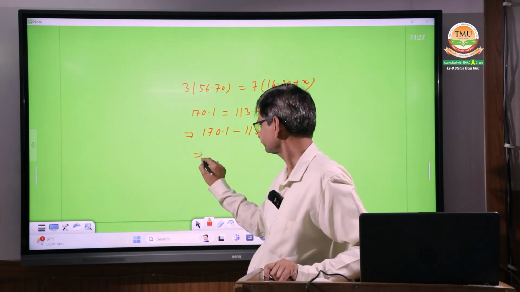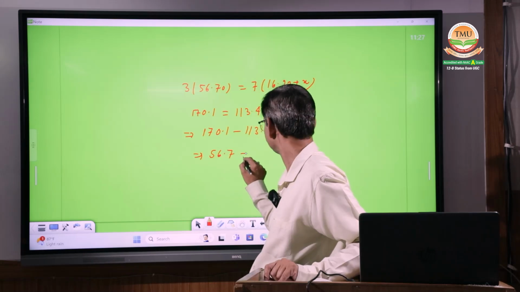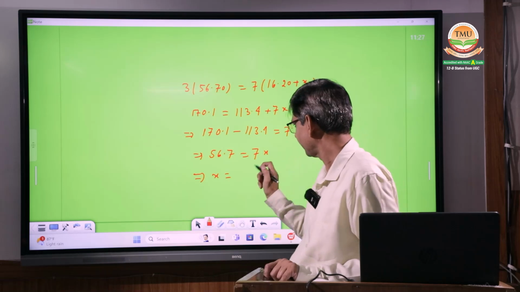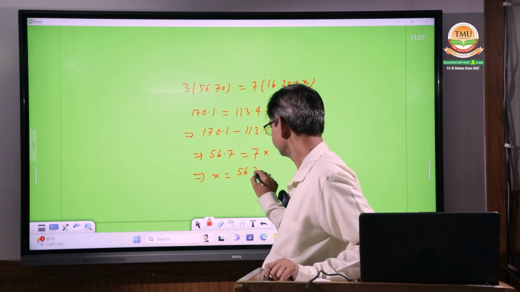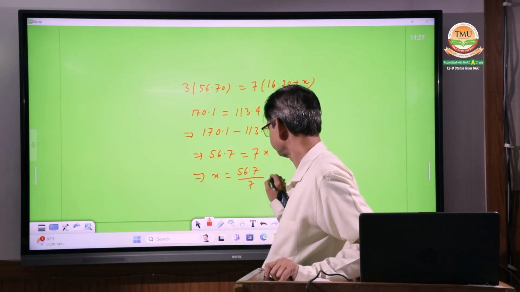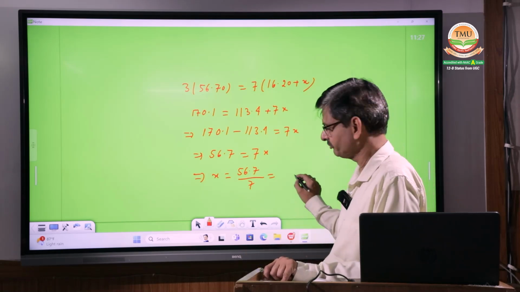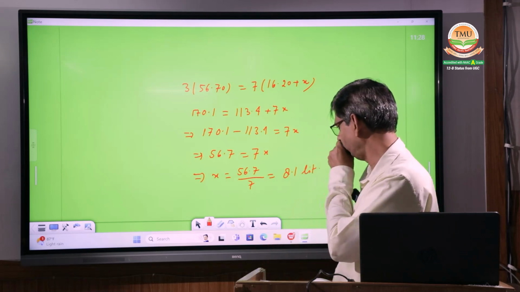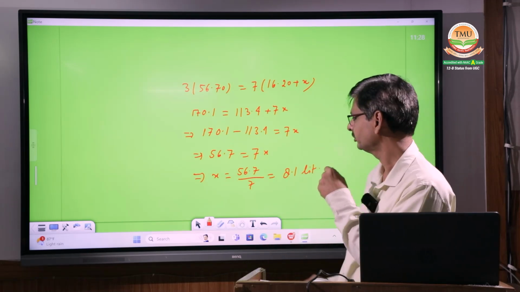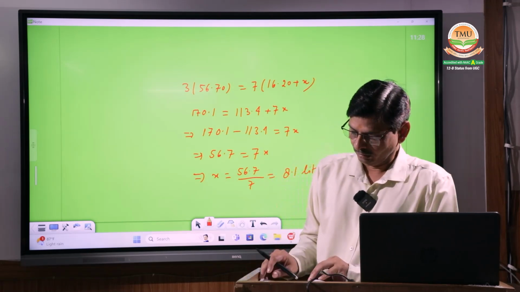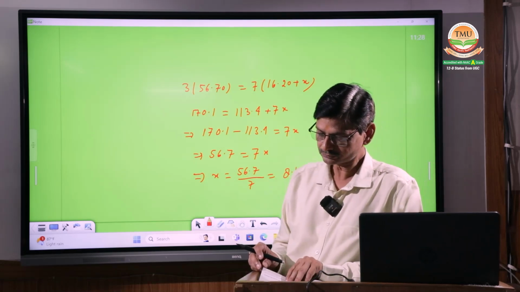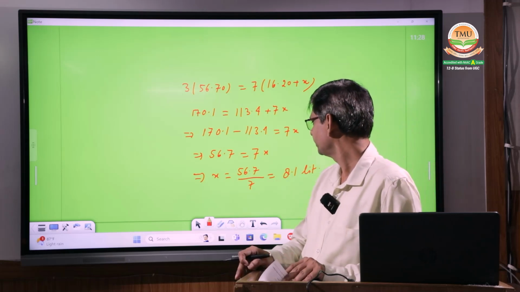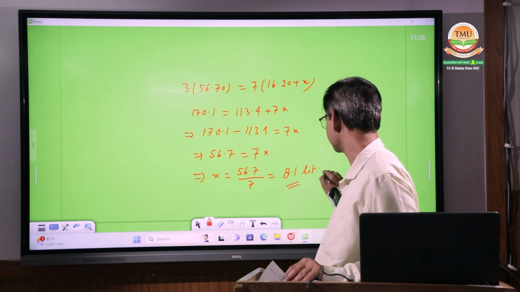This will be 56.7 is equal to 7X, and now X is equal to 56.7 upon 7, which will be 8.1 liters. Now this is the ratio of milk and water by addition of quantity. This is the answer.